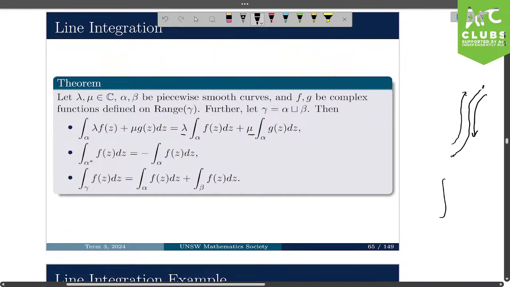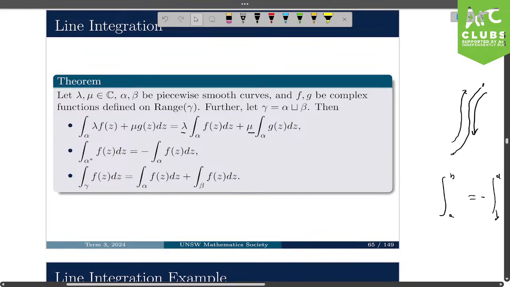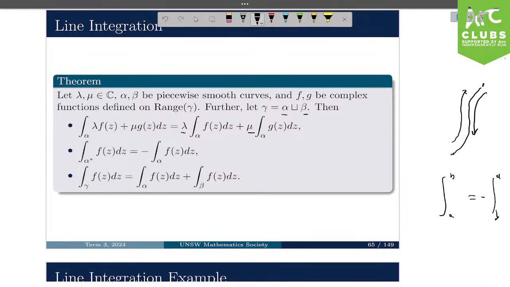It's equivalent to when you flip the bounds in real integration, except in this case, you're reversing the entire curve. And here, if gamma is the join of two curves A and B, alpha and beta, then you can take the sum of the integral along those curves.